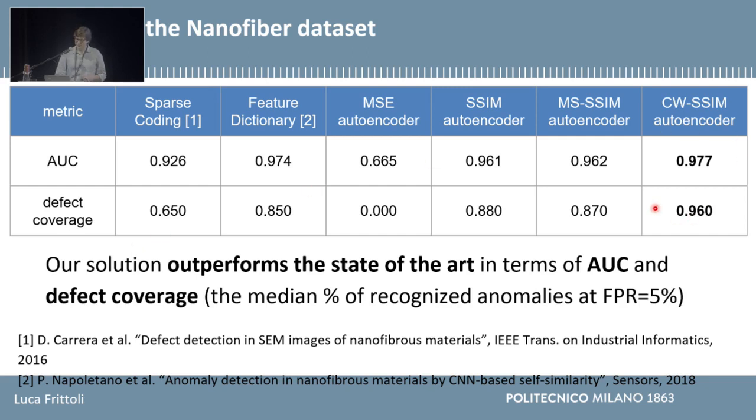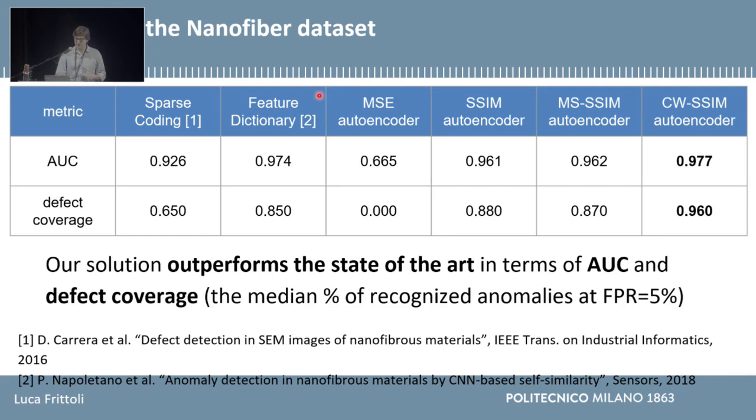We can see that our solution, the last one over here, outperforms both the traditional machine learning baseline, which is based on sparse representation, and the current state-of-the-art on this dataset, a feature dictionary method in which a pre-trained convolutional neural network is used to extract features from the input patches.